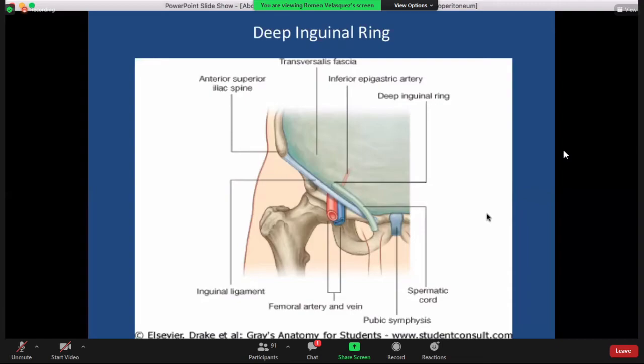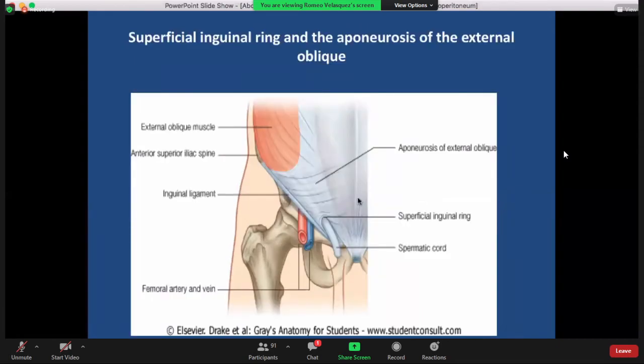All right. So this is the superficial inguinal ring. You can see there. I told you earlier that this is formed mostly by the aponeurosis of the external oblique. You can see there the aponeurosis of the external oblique. That's the muscle right there. Okay.